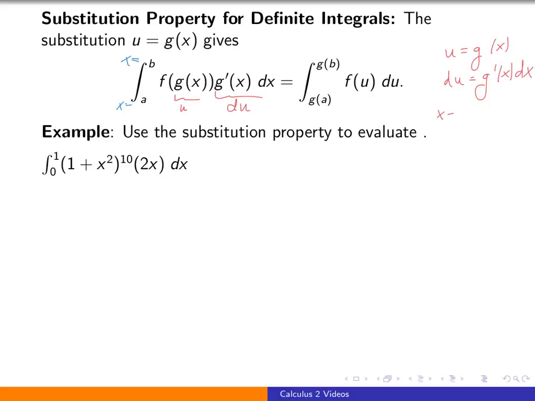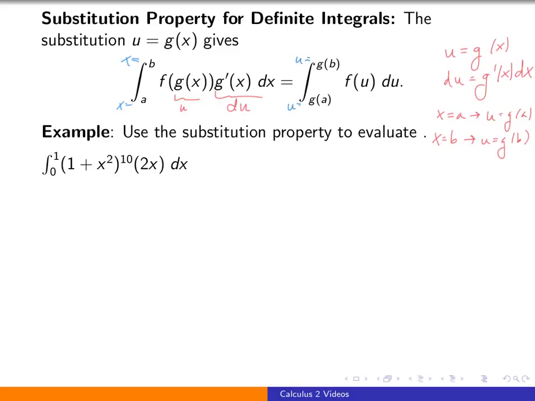For the lower limit, x is equal to a, and if we look at our substitution, when x is a, u is g of a. And that gives us our lower limit of integration in the rightmost integral. Similarly, for the upper limit, when x is b, the substitution gives us that u is g of b. And that gives us our upper limit of integration.